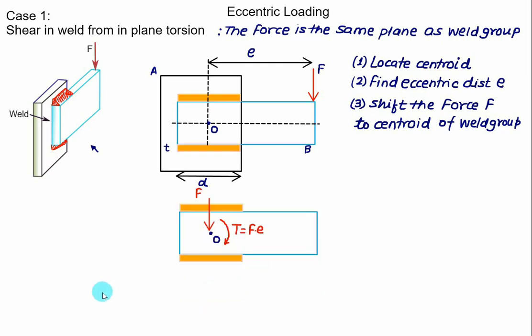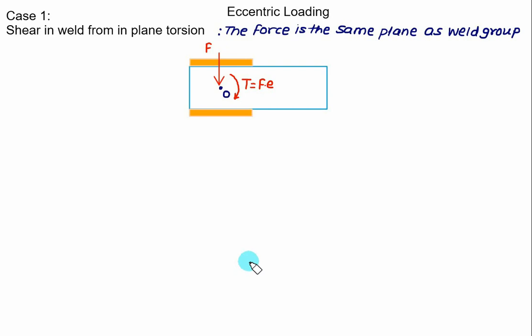Now we'll see the effect of F and the effect of torsion independently on the same weld group. Now it is not compulsory that the centroid always lies on the symmetry axis. It depends on what type of weld you will do. Suppose you are doing the welding like this one, then your centroid will be somewhere on this side. So you can calculate the centroid by dividing it into standard rectangles, as I already discussed.